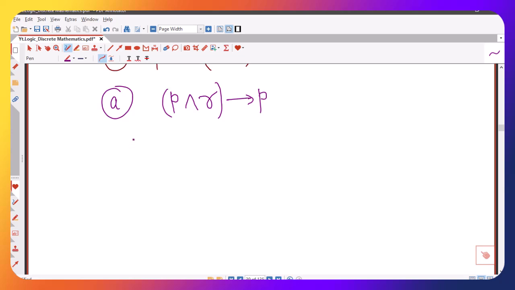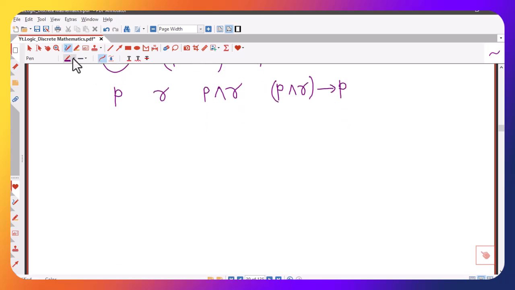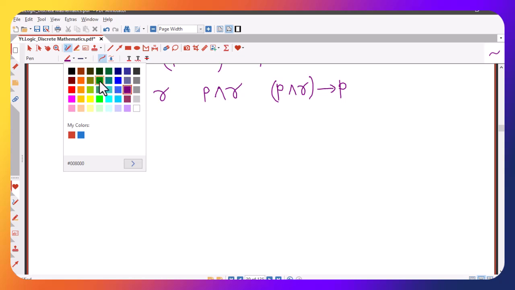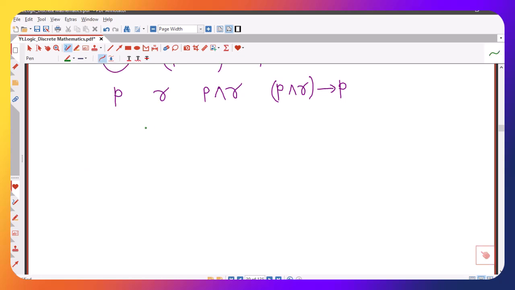Here I have two propositions, P and R. Then I have to consider the conjunction of P and R, and after that the implication, P and R implies P. If we have two propositions, then the number of possible combinations of truth values of P and R is 4.